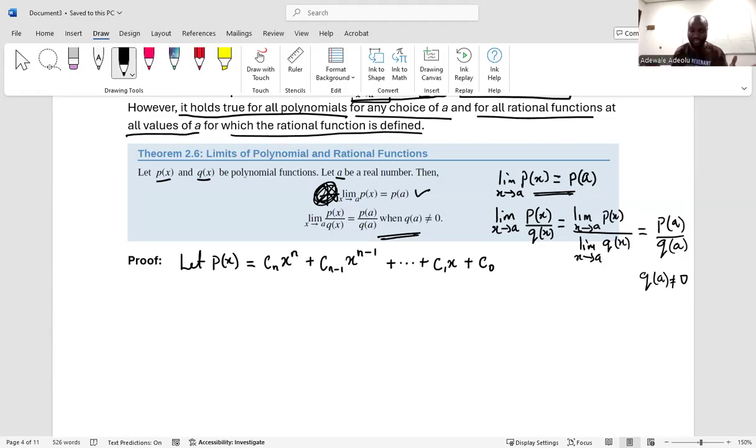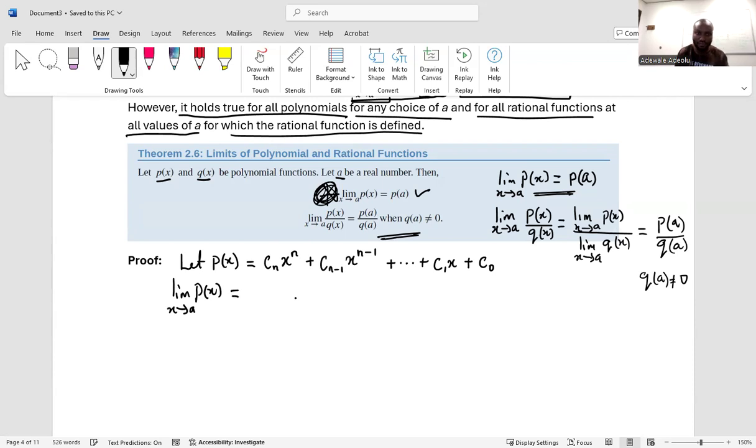Okay, that is a polynomial function, P of x. So we define P of x in that regard, where C sub n is a constant. Now, let us take the limit of P of x as x goes to a.